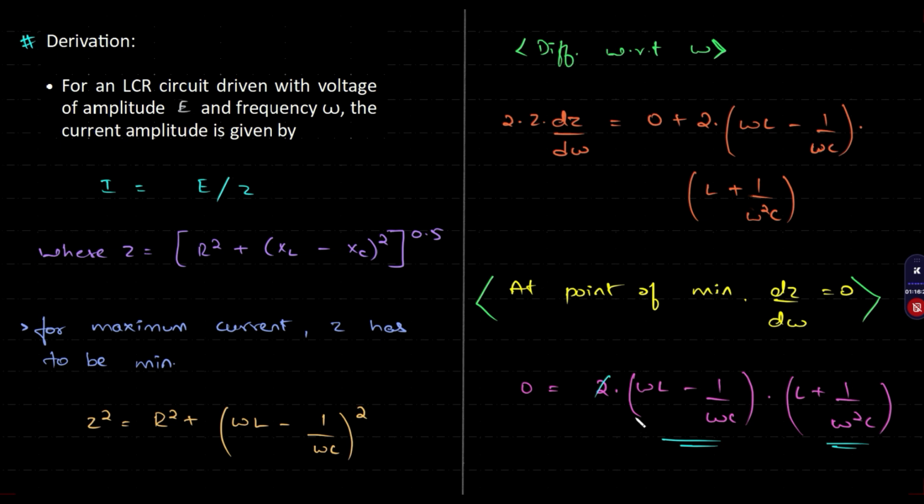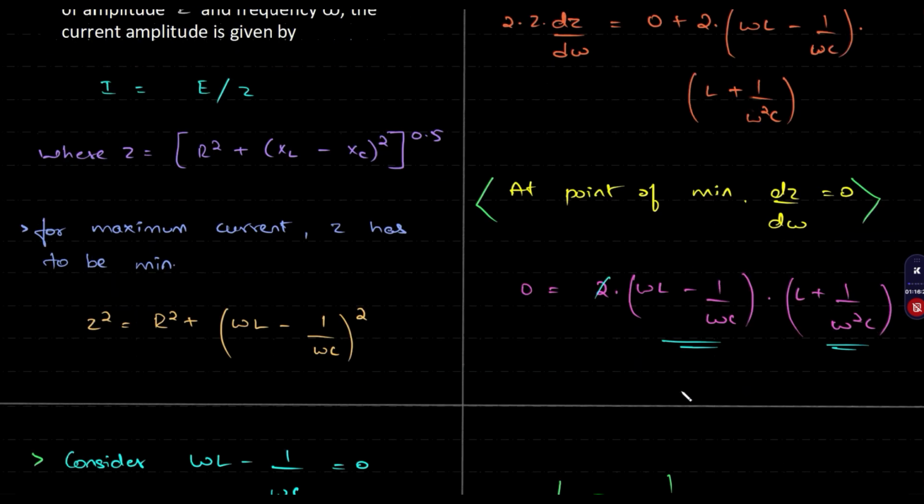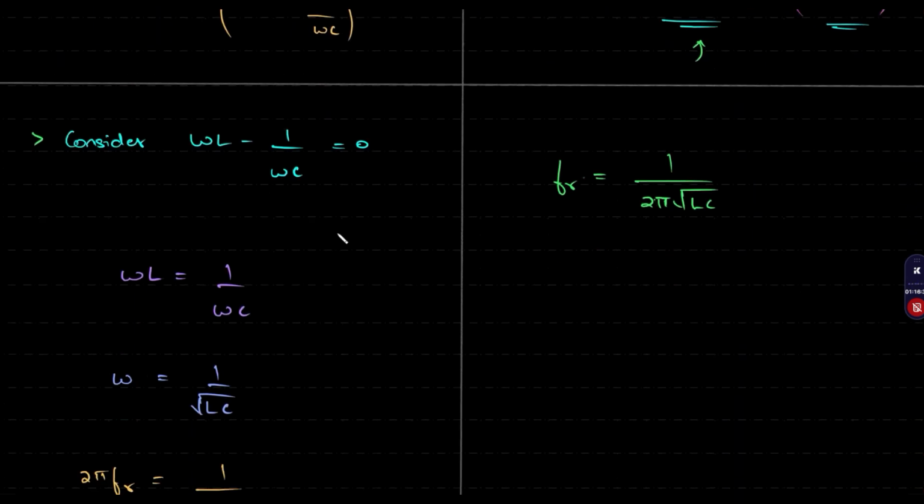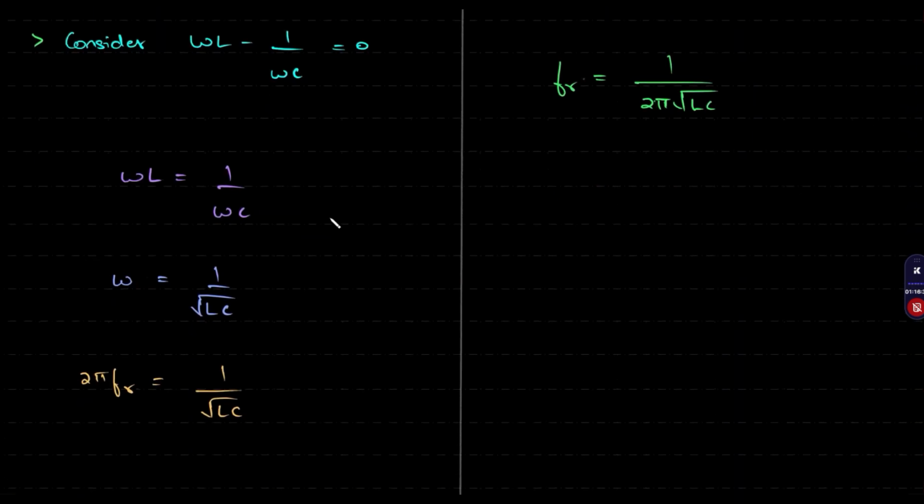For this expression to be equal to 0, this particular term has to be equal to 0. The other term we can't consider because it leads to a negative answer, which is imaginary, so it's not possible. As and when you solve it, we get the final answer. As simple as that.